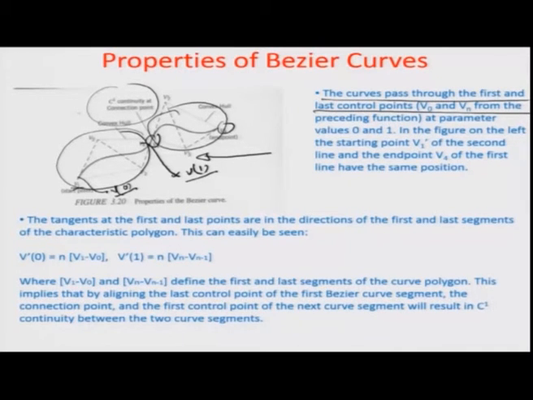And naturally, the slopes at V4 and V4 dash of this particular geometry, in other words, what I will say is that the slope at the V1 of the last segment is equal to the slope at the V0 of the succeeding segment.